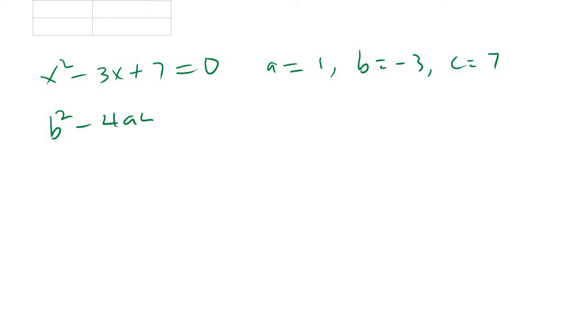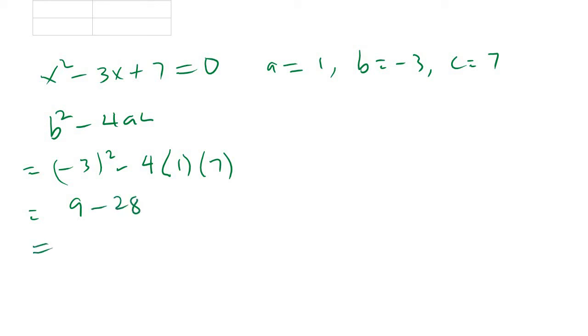So b squared minus 4ac will be -3 squared minus 4 times 1 times 7. -3 squared is 9, and 4 times 1 times 7 is 28. So 9 minus 28 gives me -19.